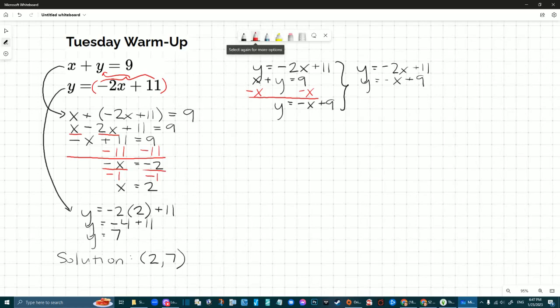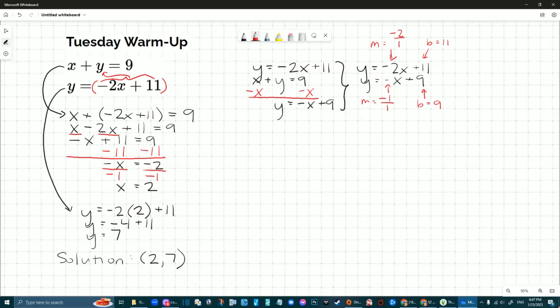In the top equation, our slope, m, is equal to negative 2 over 1, and our y-intercept is 11. On the bottom, our slope is negative 1 over 1, and our y-intercept is 9.